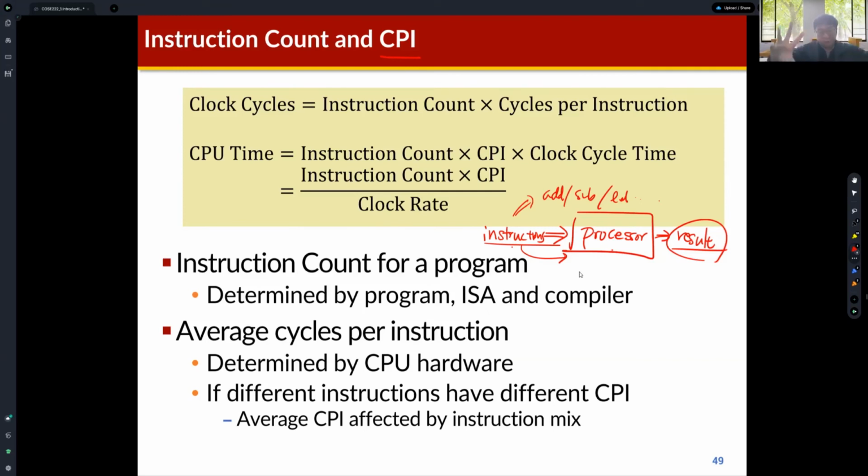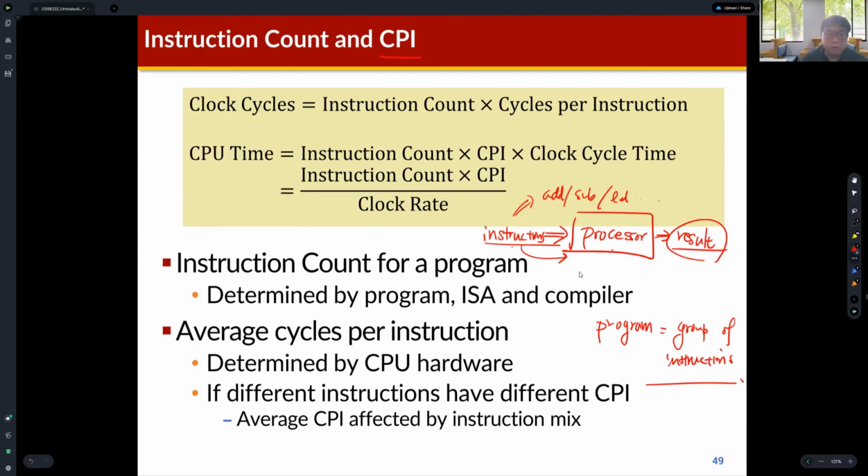And these multiple instructions mean a group of instructions. A group of instructions is just an application, right? A program. What's the program? It's a group of instructions.